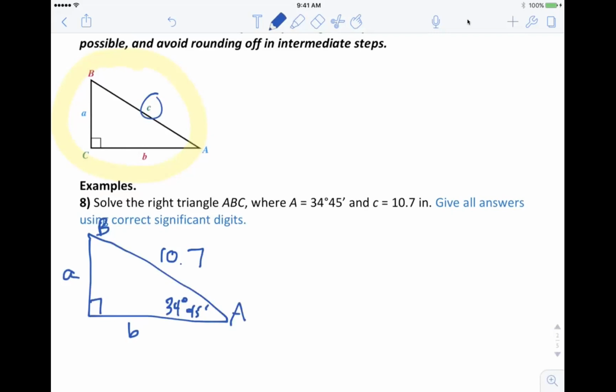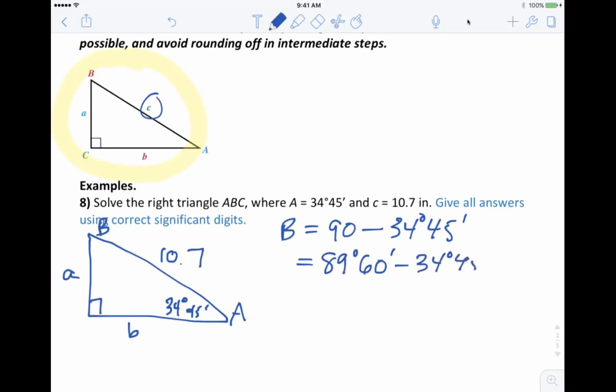So angle B is going to be 90 minus A, and because it's in that DMS form, think of this as 89 degrees and 60 minutes minus 34 degrees and 45 minutes. You could write that down or just do it in your head.